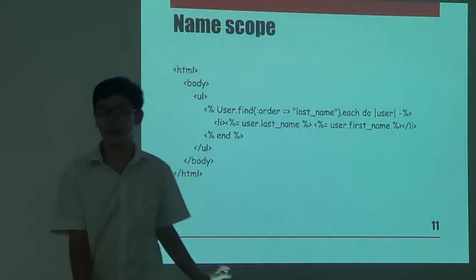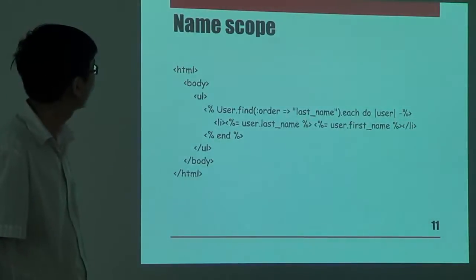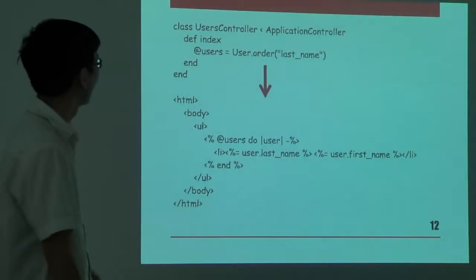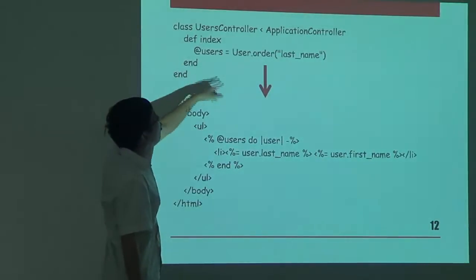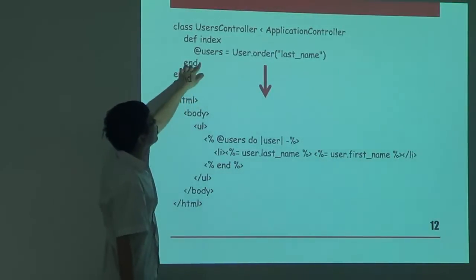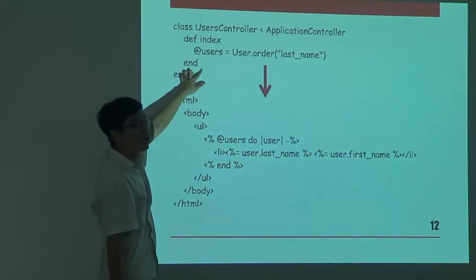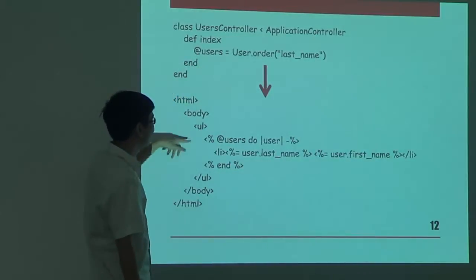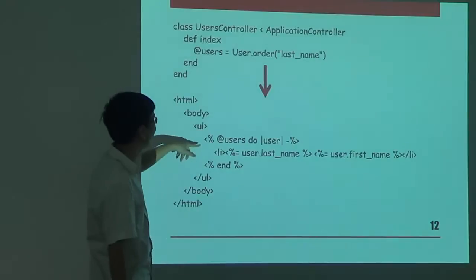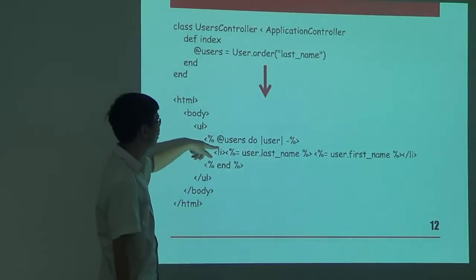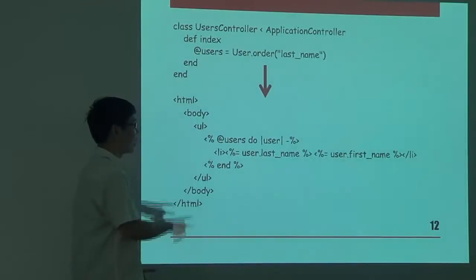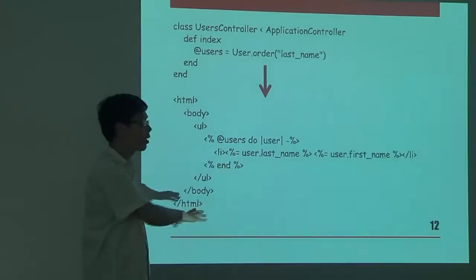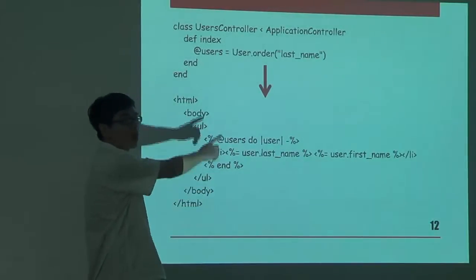So we will have a result like this. Now, in the controller, we will have a query for the users variable, and this variable will pass into the view, and in the view we will have something like for user in users. So in this example, we are moving the logic part of the view to the controller.